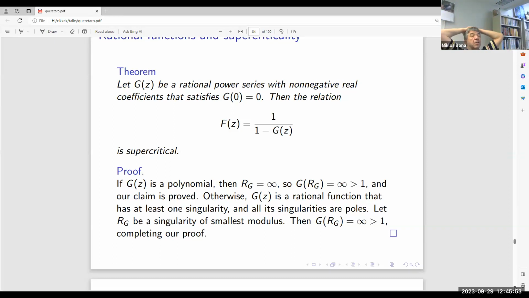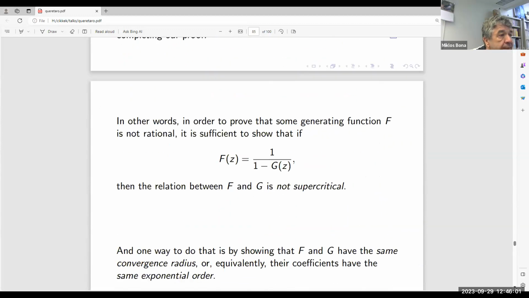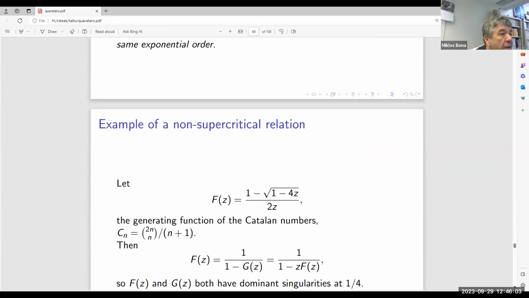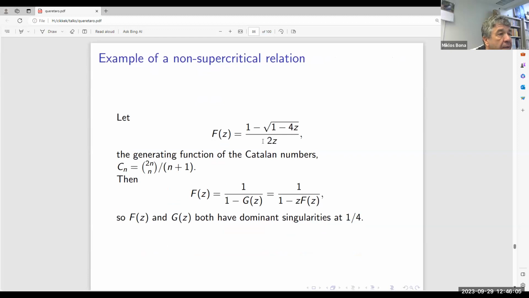And you know that it's not rational because it's not supercritical. Okay, and time is short, so I won't prove it, but it's easy. And so, for instance, the Catalan numbers generating function is not rational, and this relation is not supercritical. In that case, both g and f have exponential order 4, because the singularities are at 1/4.